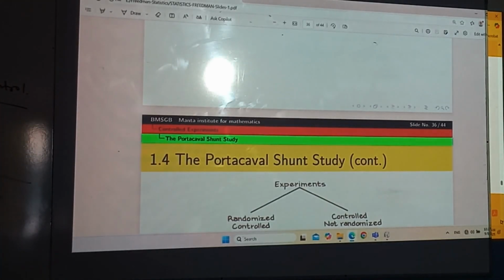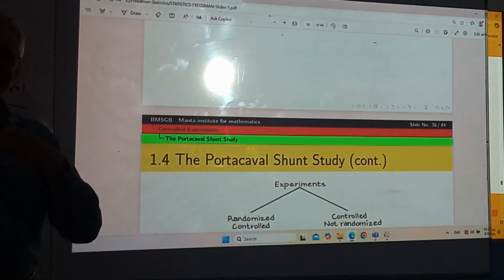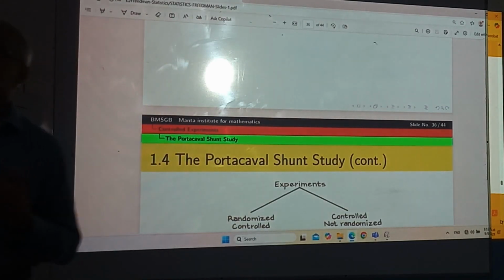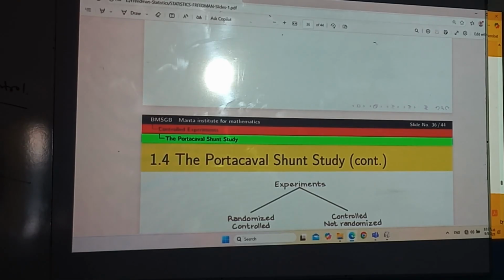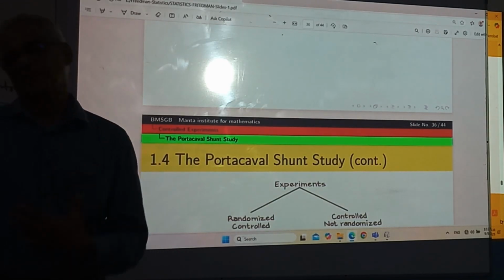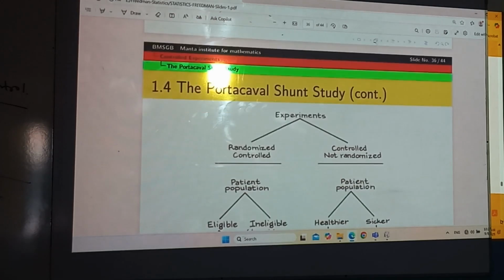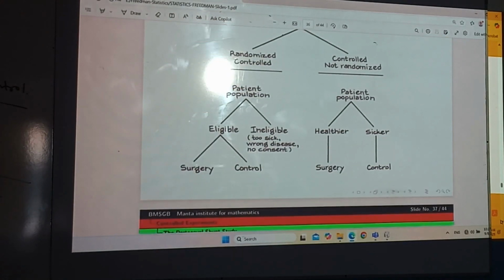So age is a matter. Maybe for young people they will do an operation quickly, but for him, an operation may not be that good, right? So even if there are patients, some patients are not eligible for this kind of treatment. So there are two groups of people, those who are eligible and not eligible.